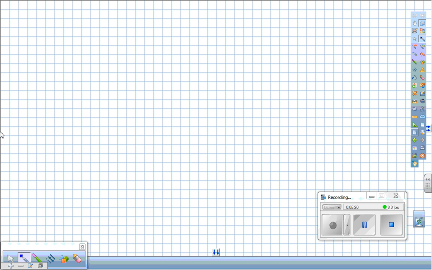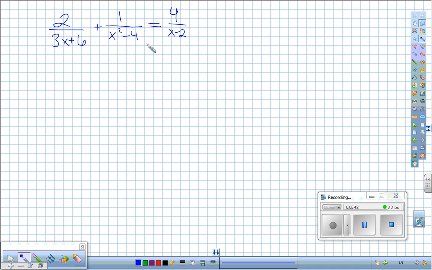The next example that we'll do has 2 over (3x plus 6) plus 1 over (x squared minus 4) equals 4 over (x minus 2). Basically all our variables are on the bottom, and that's fine.